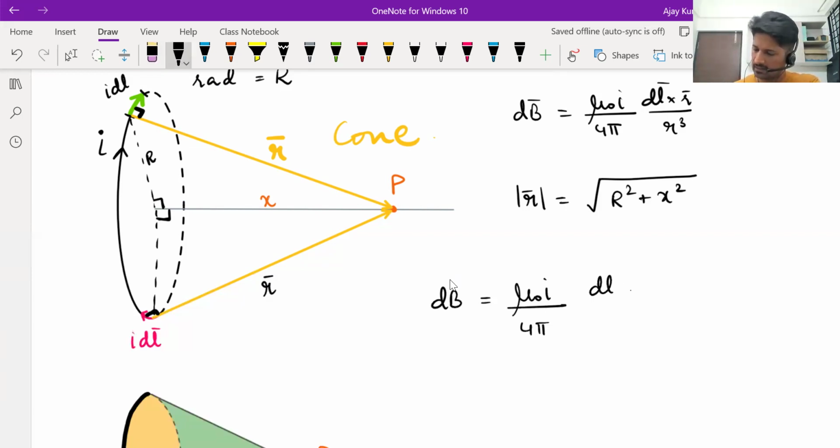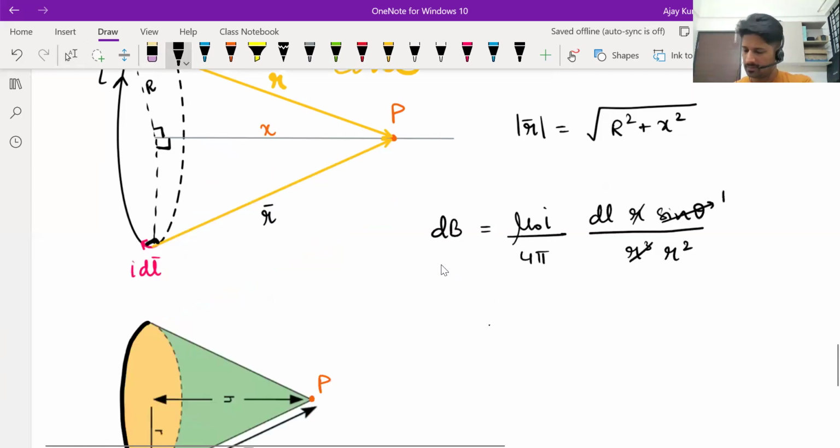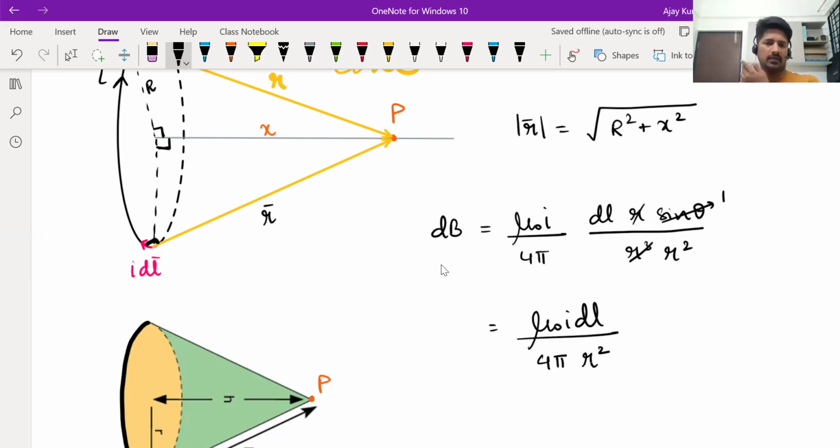I'll write it as dl r sine theta, where theta is the angle between dl vector and r vector, divided by r cube. R gets cancelled, we'll be left with r square. Theta is 90 degrees, so sine theta becomes 1. Therefore, the magnetic field produced by one element would be mu naught I dl divided by 4 pi r square, small r square. We'll convert that into capital R and x terms later.